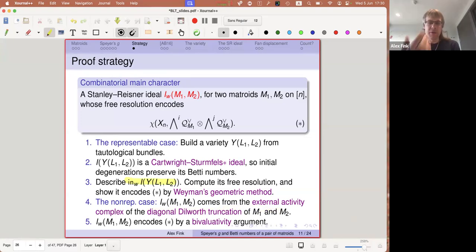So we set that up for an arbitrary pair of matroids, and then have to show that the thing we built for an arbitrary pair of matroids still encodes the Euler characteristic for the matroid tautological vector bundles that we want, and still encodes some counterpart of the cohomologies. We do this by bivaluativity, which is to valuativity as bilinearity is to linearity, since now we have 2 arguments. It's the obvious 2-argument version of valuation, which you'd think of if you tried to write one down yourself. All right.